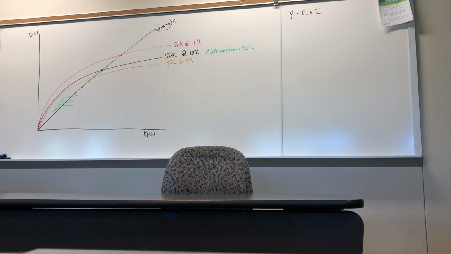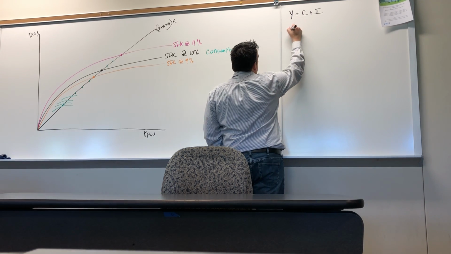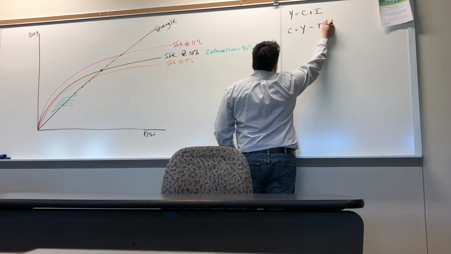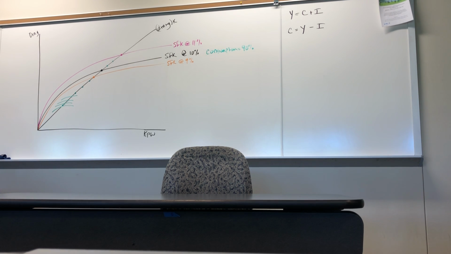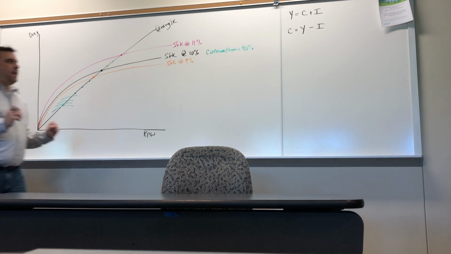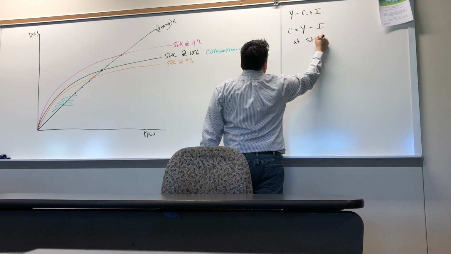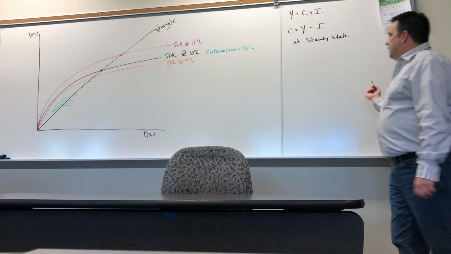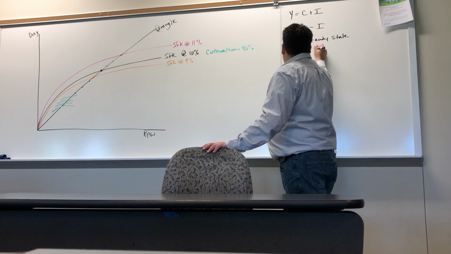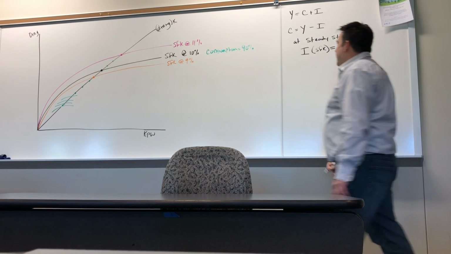Well, I can rewrite this. If I subtract I from each side, effectively I can say that C is equal to Y minus I. We know that at the steady state, I, which we said is found from SFK, is equal to dK.